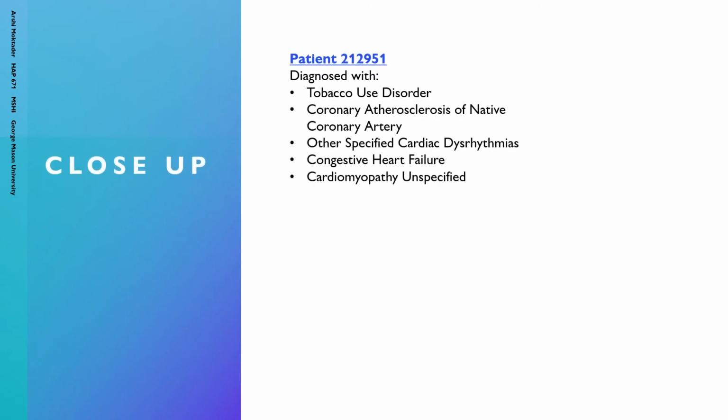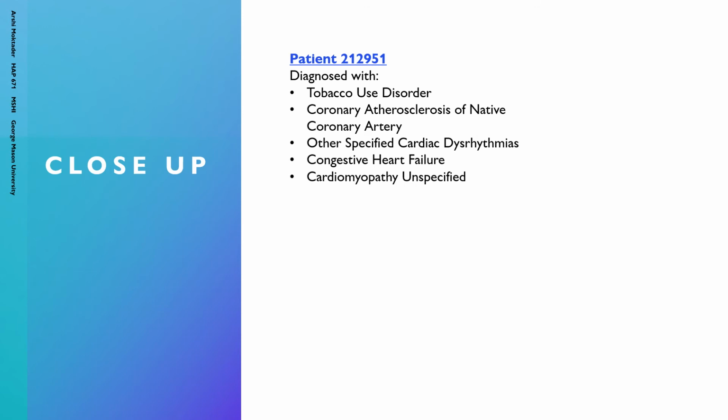In creating our predictive model, we are able to utilize the information in calculations to hone in on specific individuals. Let's take a look at patient 212951. They were diagnosed with tobacco use disorder, coronary atherosclerosis of native coronary artery, other specified cardiac dysrhythmias, congestive heart failure, and cardiomyopathy unspecified.